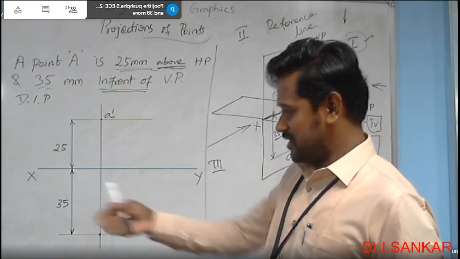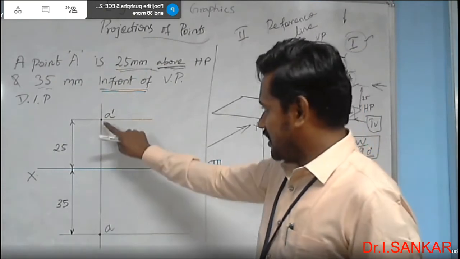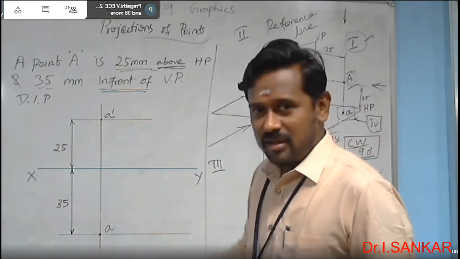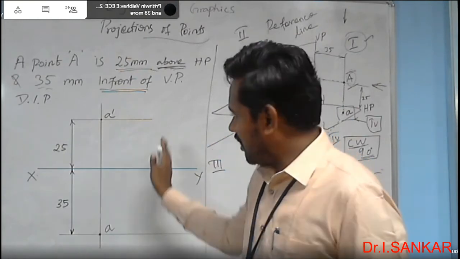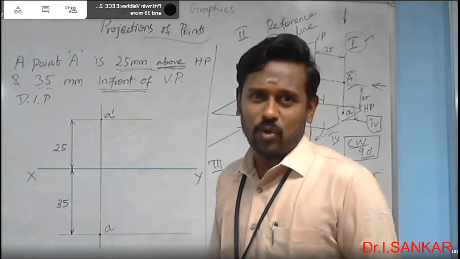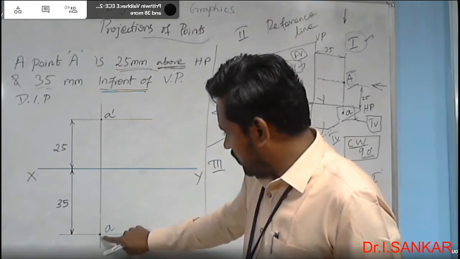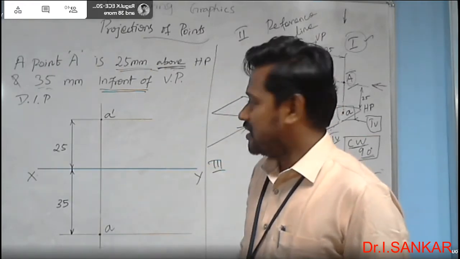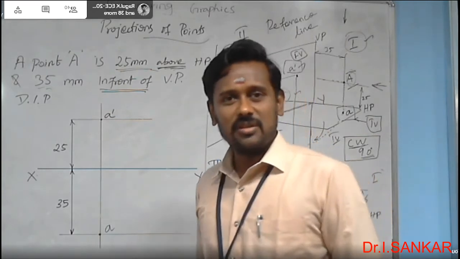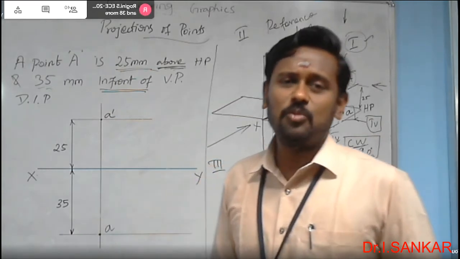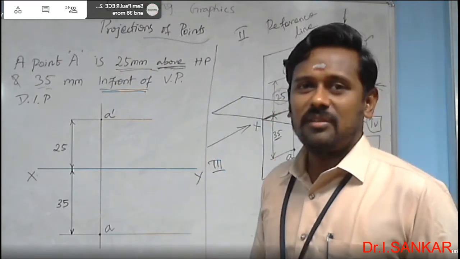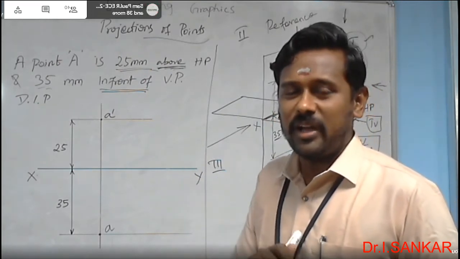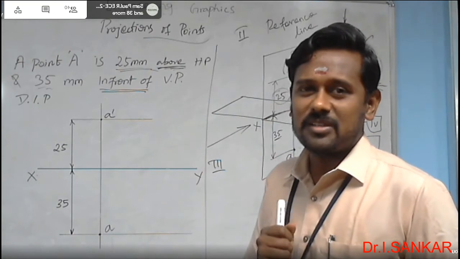That is, the point A dash and A should be visible as dark. All the rest of the things are just construction works. They need not be dark. They should be very, very light. Okay. This is the way of projecting a point when it is located in the first quadrant.